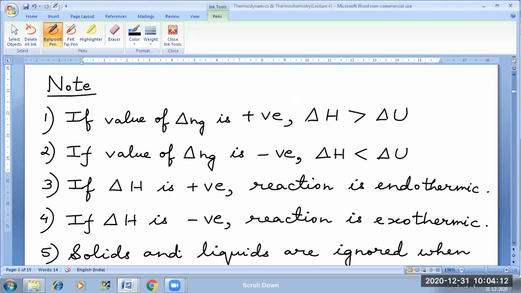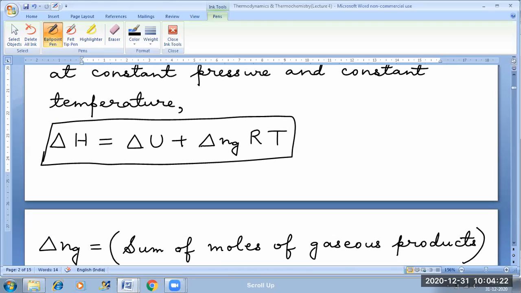Now, sometimes in the questions they ask you whether delta H is more than delta U or delta H is less than delta U. So simple mathematics. If I say delta H minus delta U, I'll get delta Ng RT from this equation. Now R is always a positive value. Temperature in Kelvin also is always a positive value. That means this will just depend on the sign of delta Ng.